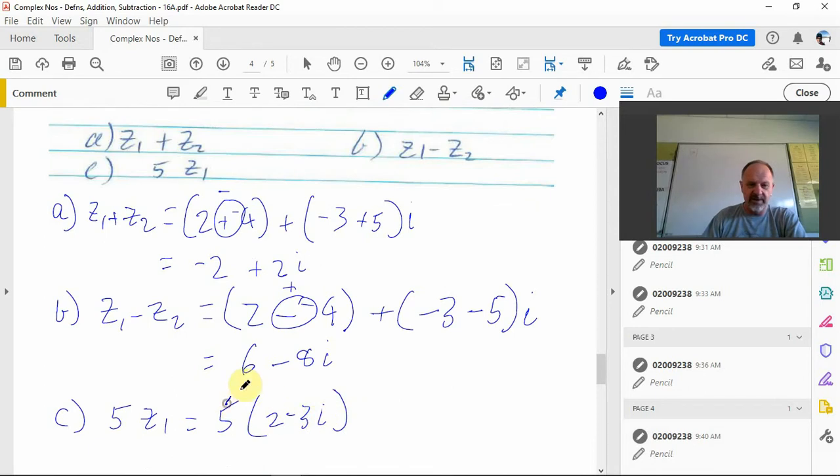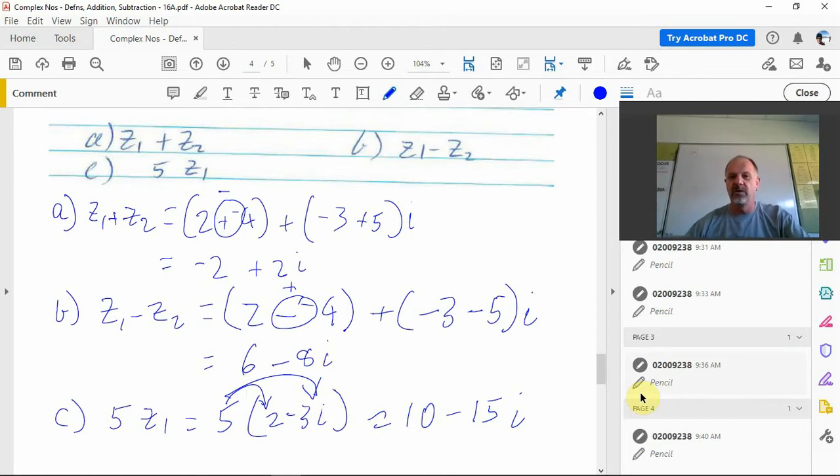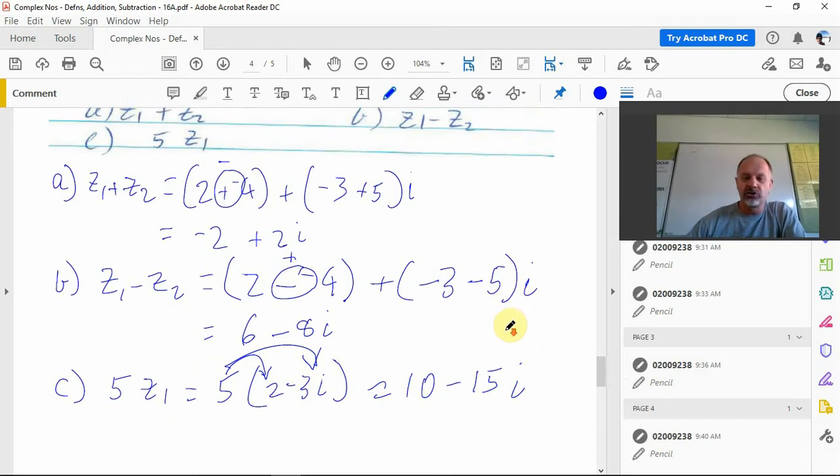And then we expand that bracket the same as we would always expand brackets. 5 2's are 10, minus 15i. All right, so that's it, multiplying by whole numbers. So far, it's fairly straightforward.